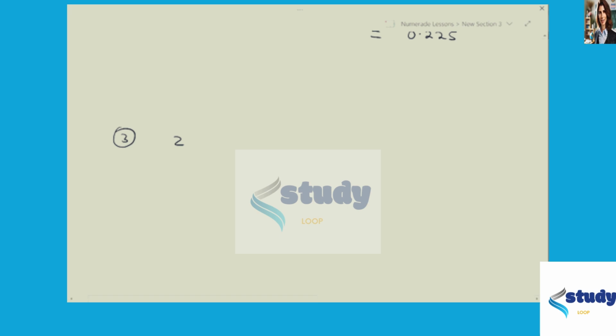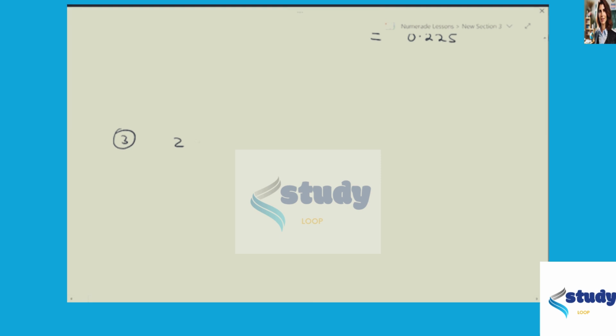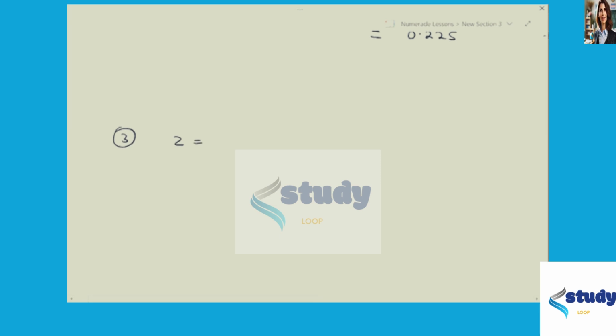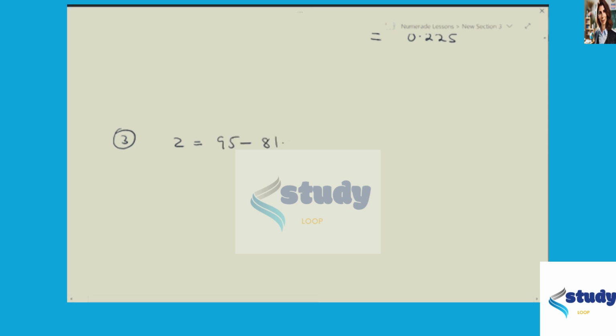So this can be done by finding the probability of that, then we multiply by the total number. So z of 95, 95 minus 81.5 all over 9.2, and that is equal to 1.42.